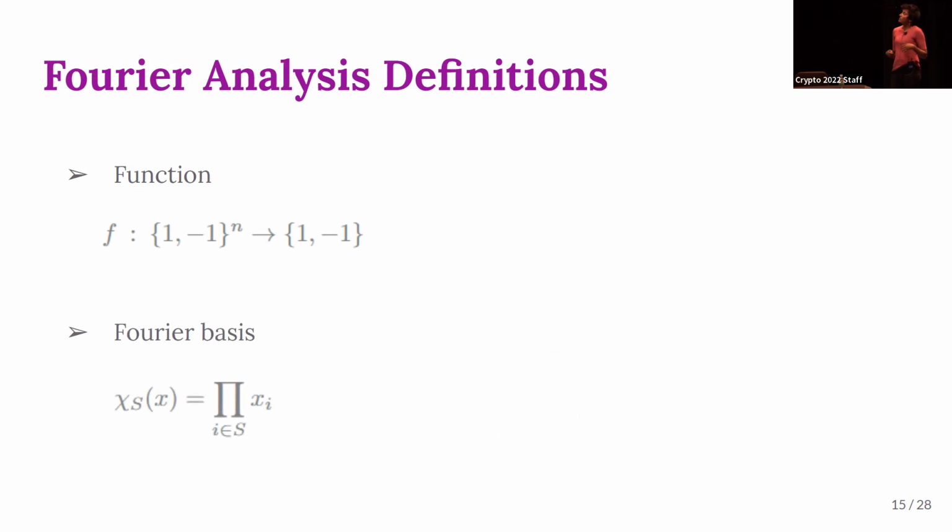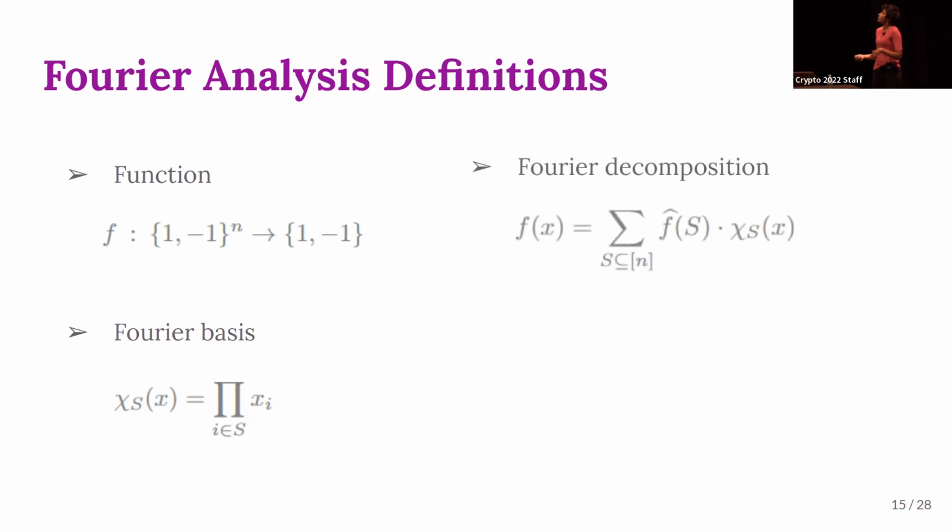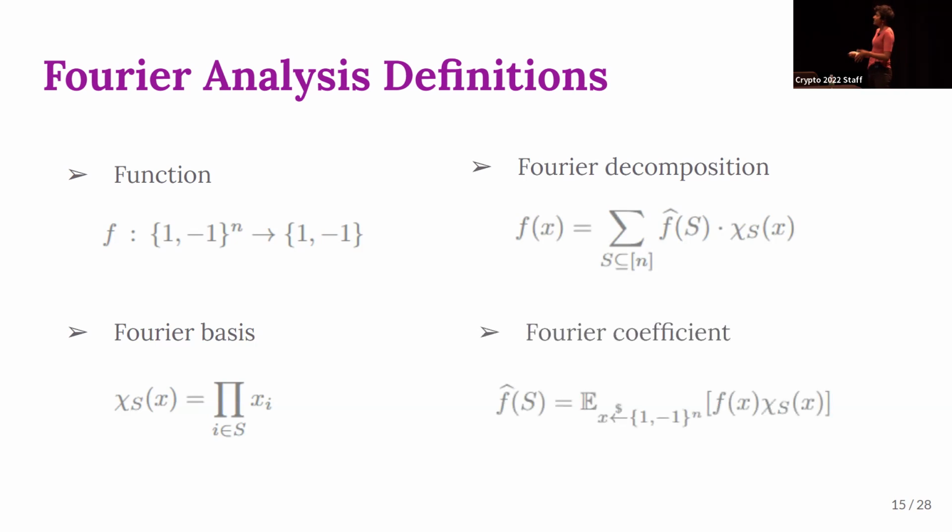Now we can represent this function in terms of the Fourier basis, and we'll call this the Fourier decomposition. Here the constants associated with each parity function we call Fourier coefficients, and importantly, they can be calculated as an expectation of the function value on the input times the specific parity function for the set that you're attempting to compute the coefficient for.